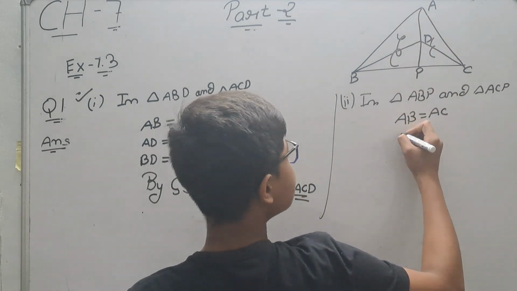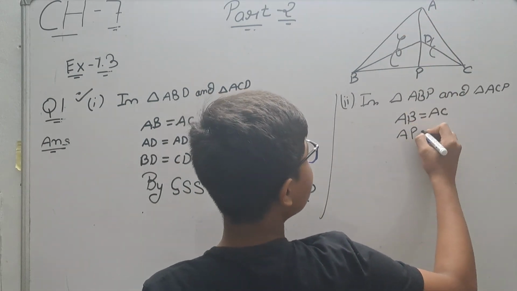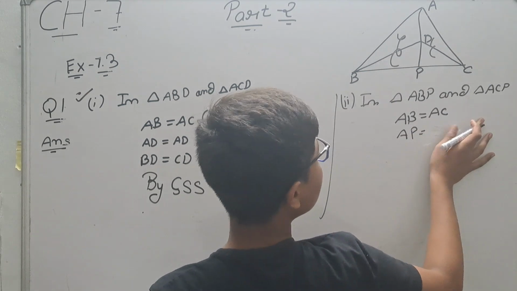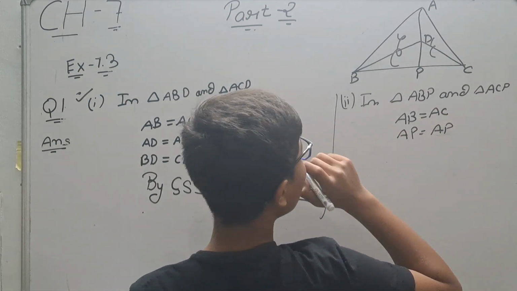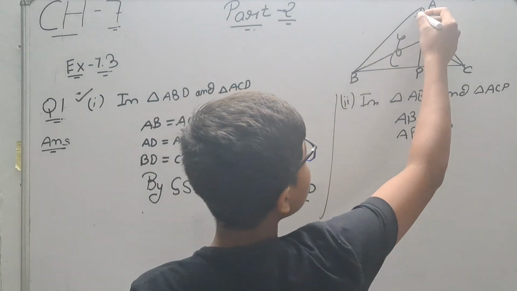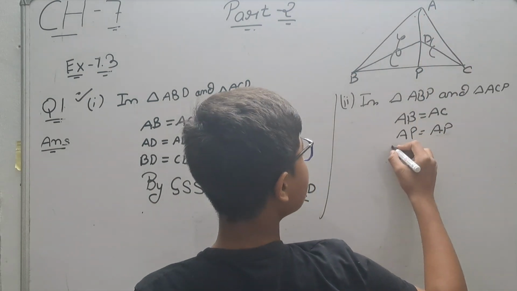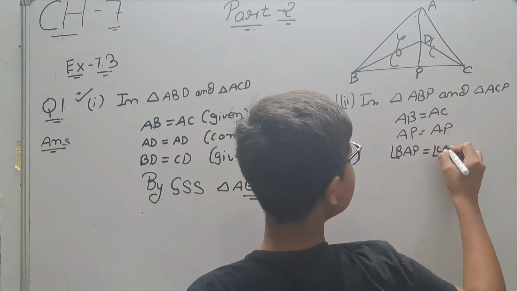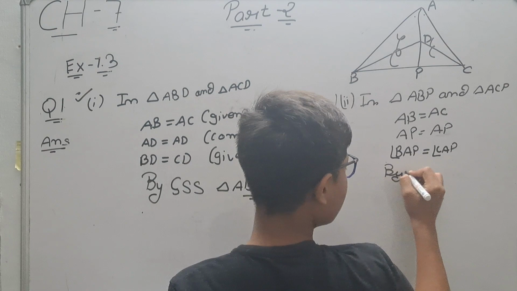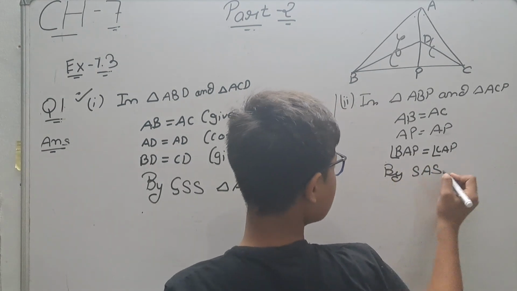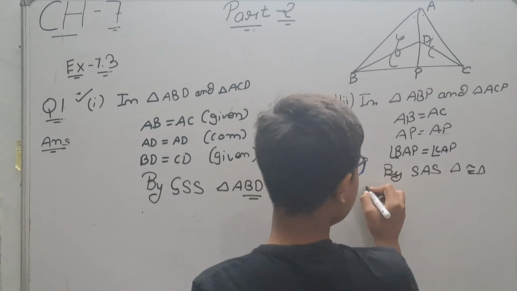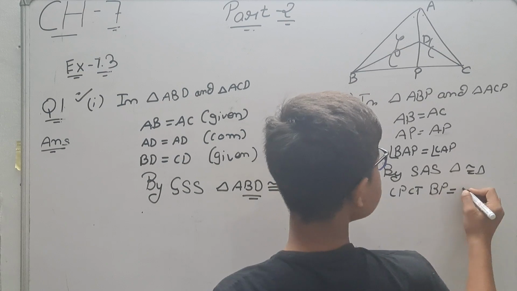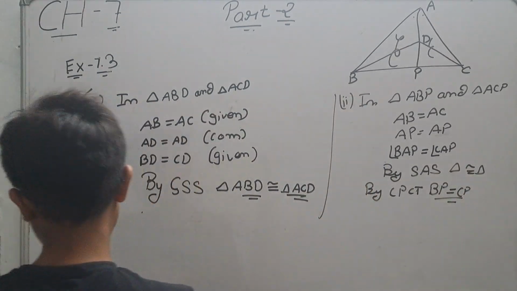Now AP is common. Now you can see over here that this angle is equal to this angle, angle BAP is equal to angle CAP. So by SAS, the triangles are congruent, and by CPCT, BP is equal to CP. Okay, here we have done with our part 2.